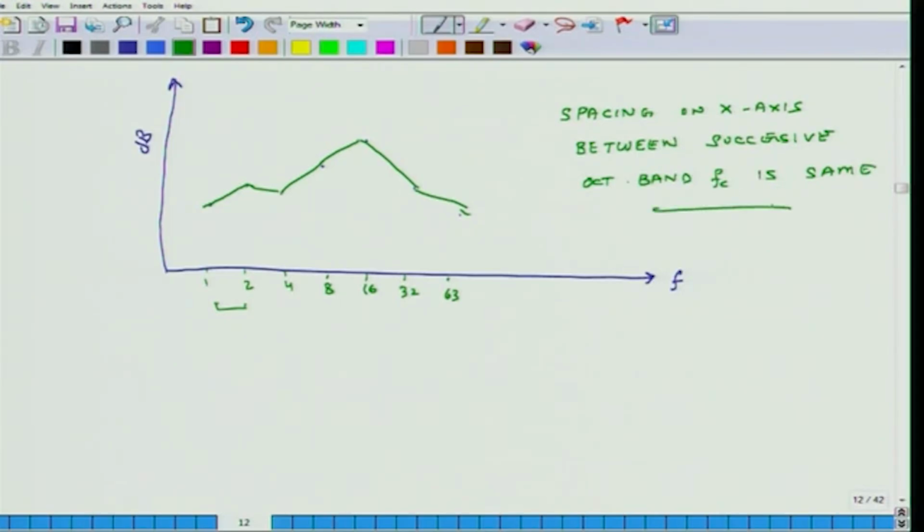Essentially what that means is this is a logarithmic scale. The spacing between 1 and 2 is not double, or half, of that between 2 and 4, and so on and so forth. It's the same thing. Okay. So this is important to note.